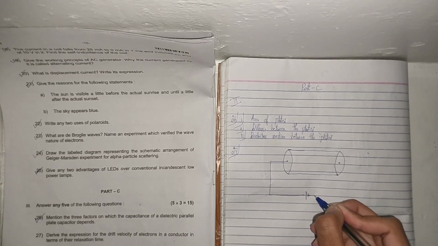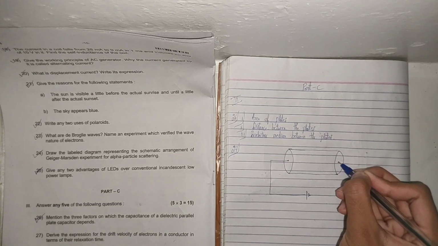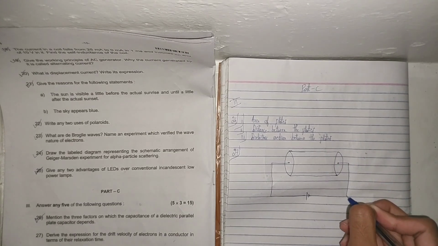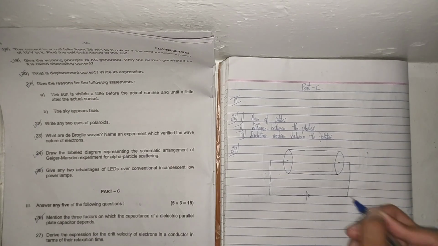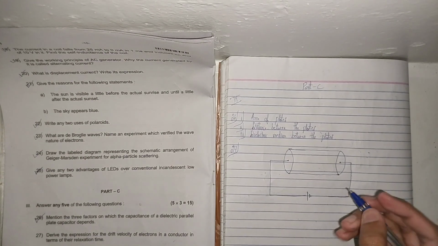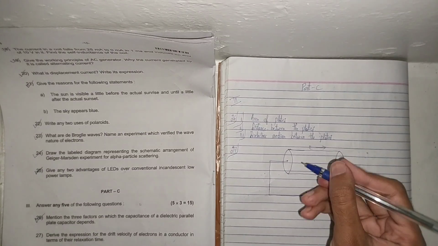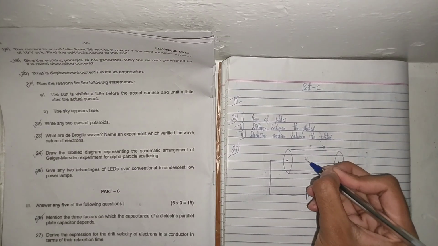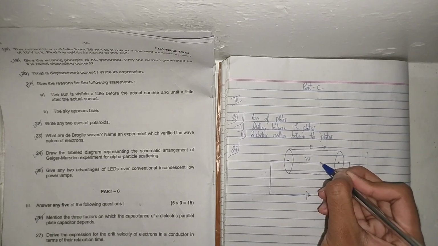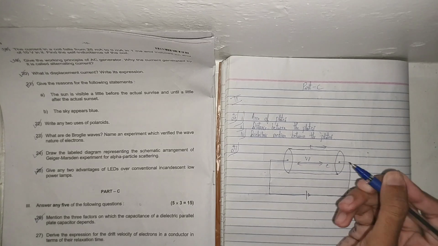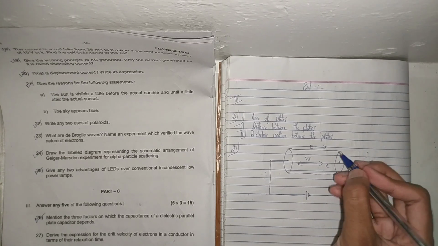And the second point here is connected to the other end of the battery. Okay. This is E. This is Vd. E minus.